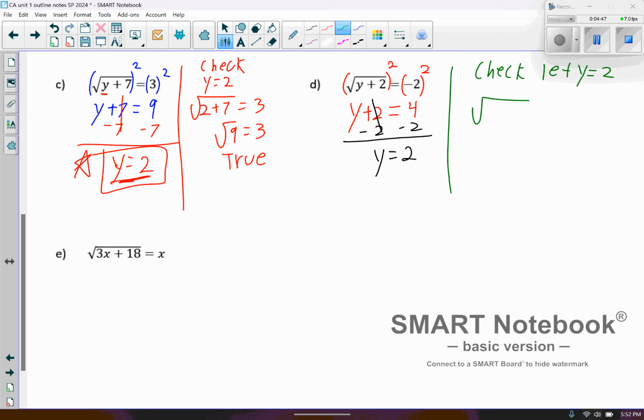So we get the square root of 2 plus 2 equals negative 2. So we get the square root of 4 equals negative 2. Nope, that is false. That one does not work. So no solution, or does not exist.